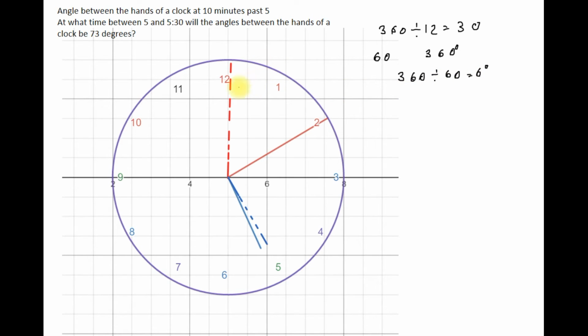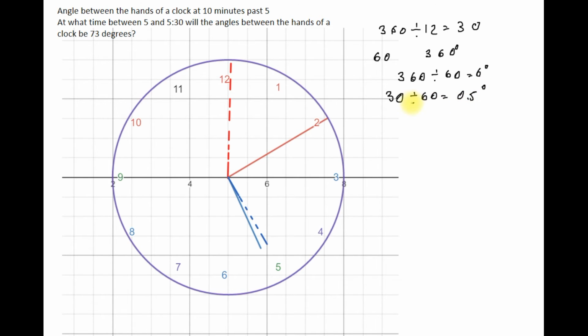But for every hour, the hour hand only moves one graduation, goes from 12 to 1, or from 1 to 2, from 2 to 3. So it moves only 30 degrees. So for every minute, the hour hand will move 30 degrees divided by 60, which is 0.5 degree.